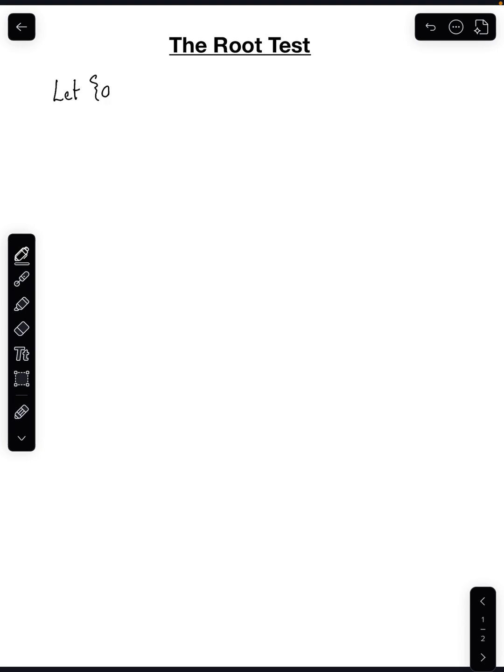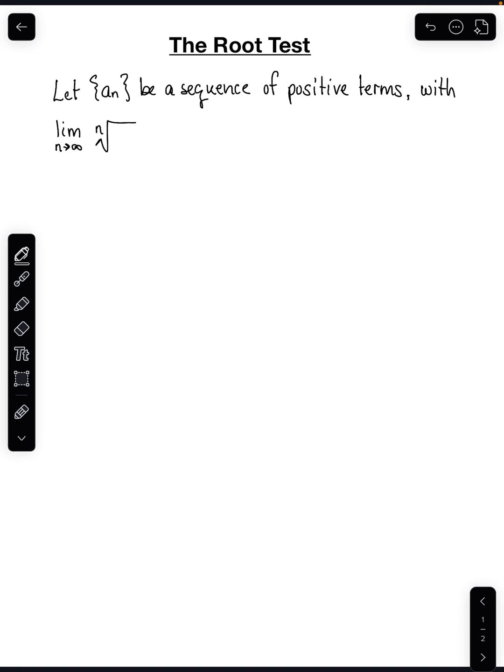So we will again start with a sequence of positive terms. And this time, we're going to do the limit as n approaches infinity of the nth root of the nth term of the sequence.